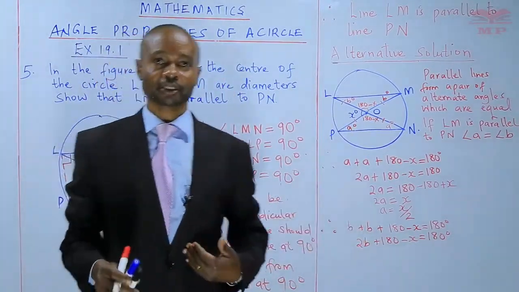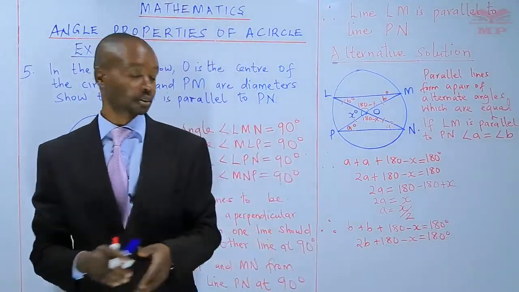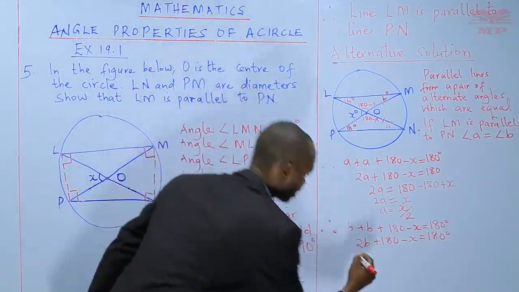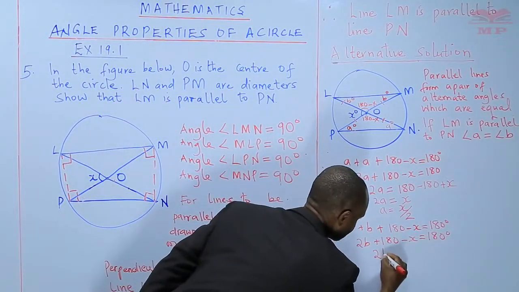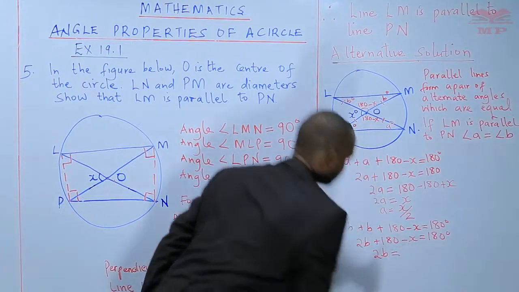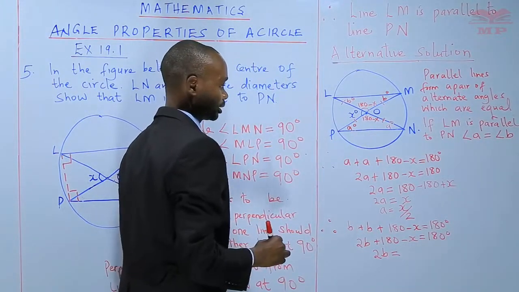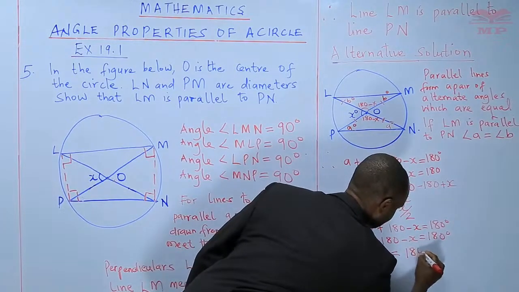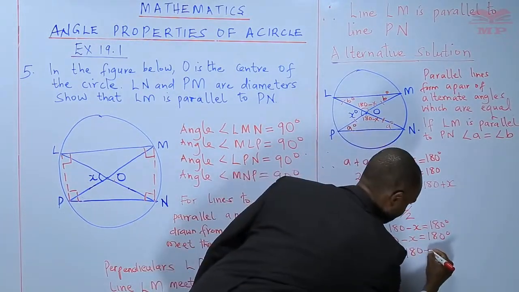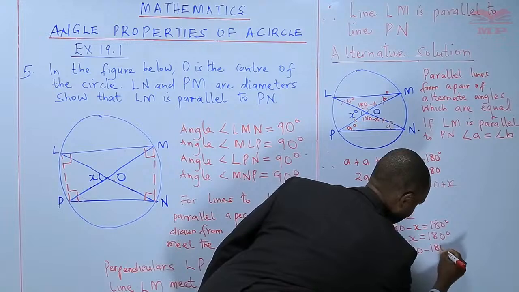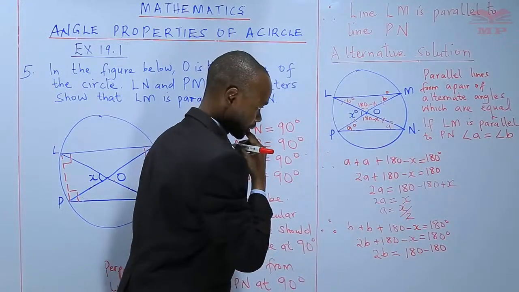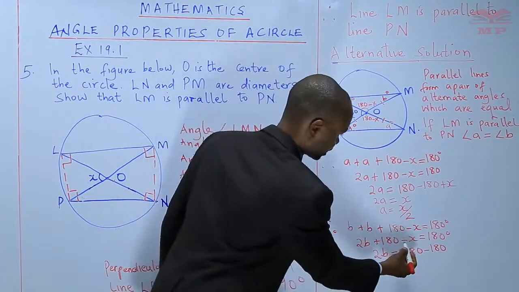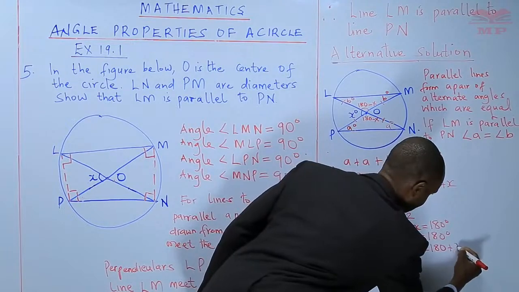So B will remain on the left-hand side of the equation. So we move ahead by saying 2B is equal to, you take 180 to the other side, it becomes 180 minus 180, plus x now becomes plus.